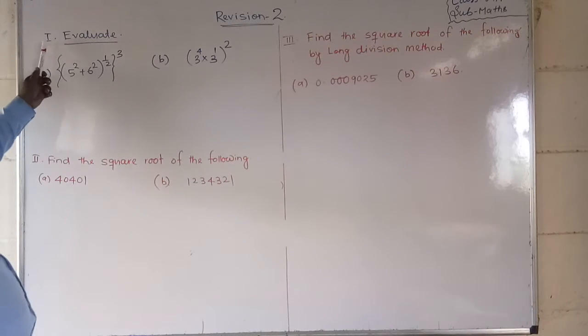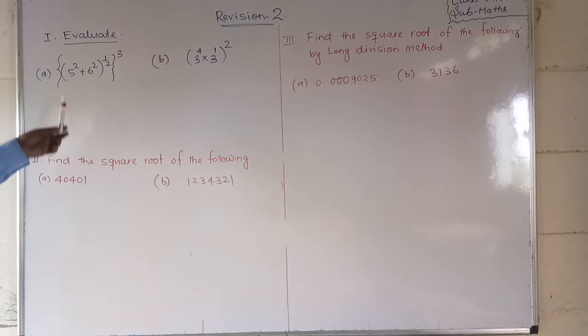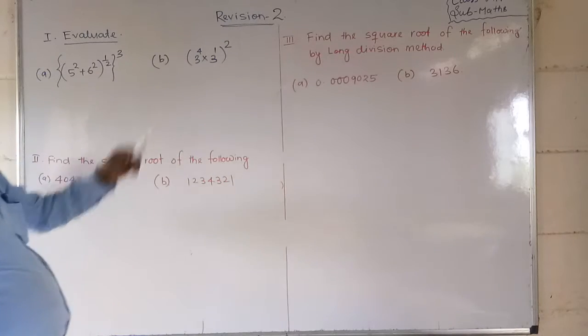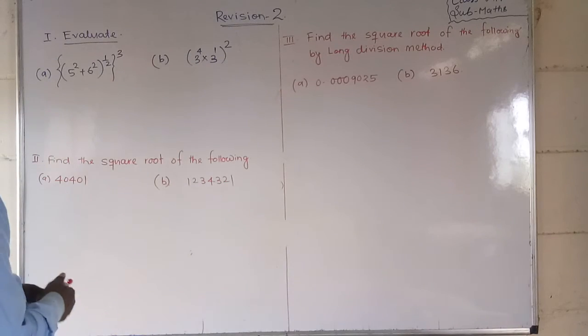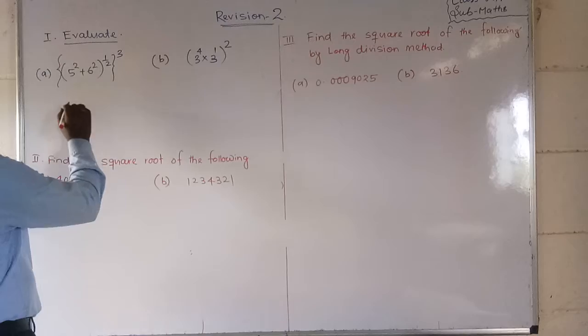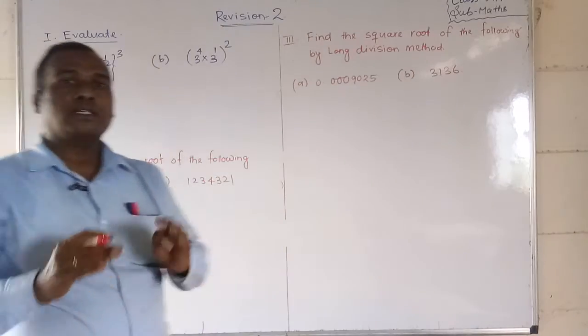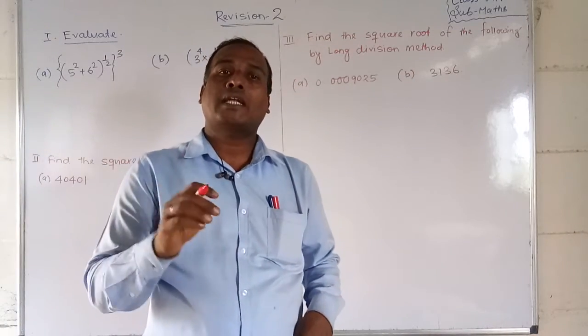First of all, look at the first question. Here A and B are the two questions I have given. You should observe. I have already told you, when the numbers are in brackets, first of all simplify inside the bracket.